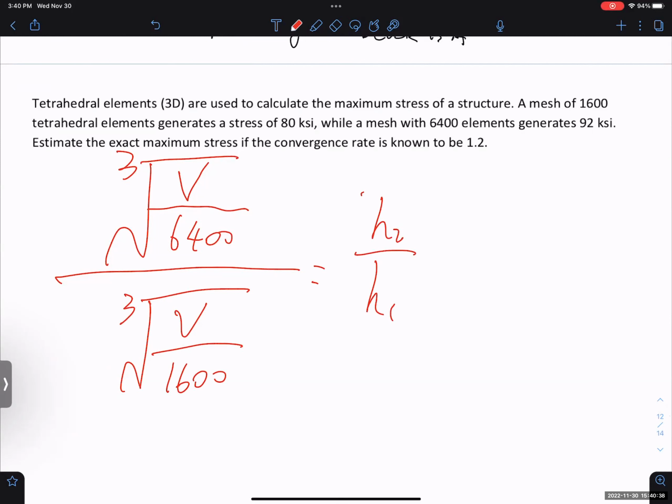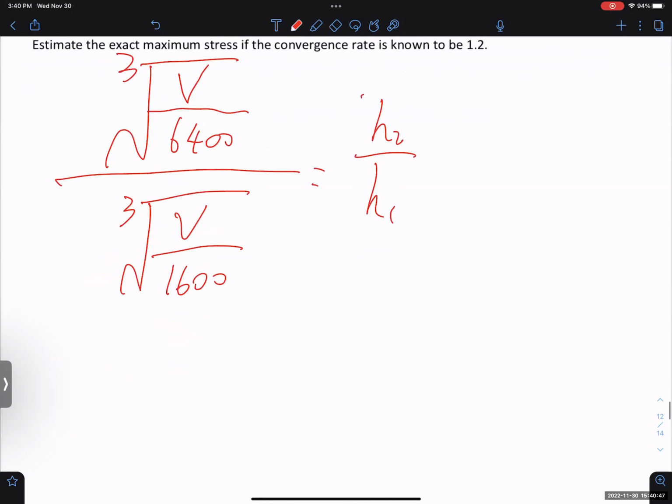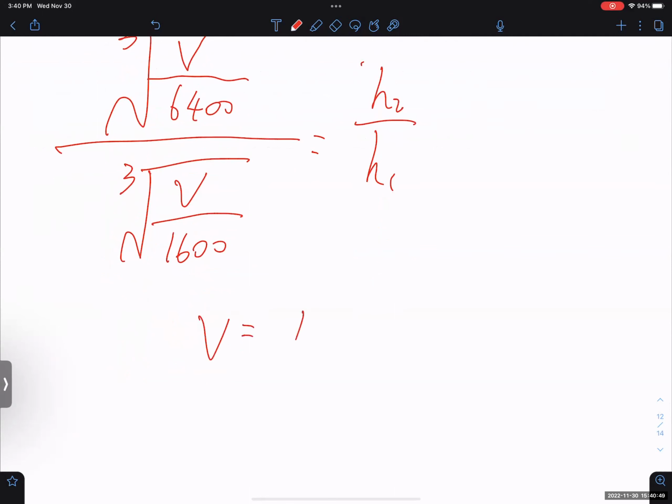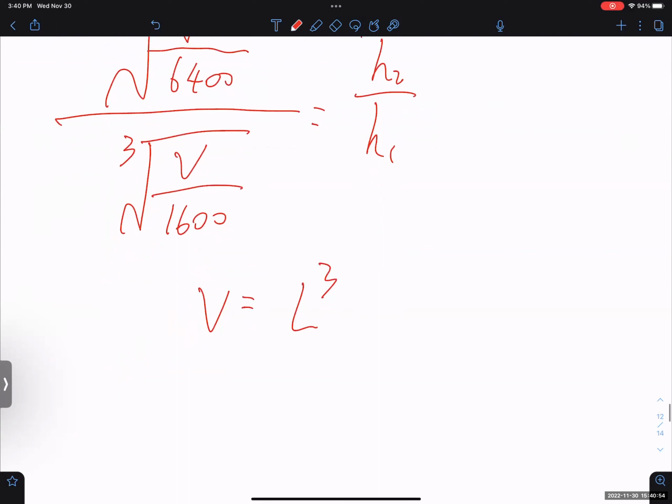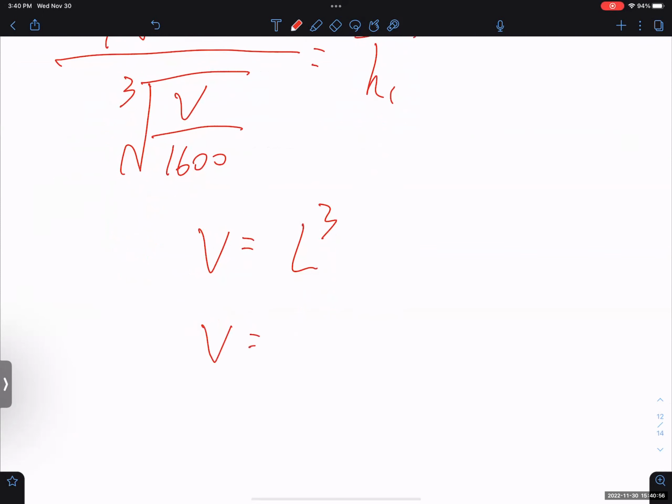Students ask me, are you assuming using a cube? Again, it doesn't matter. When I say V equals edge length cubed, this is the volume of a cube. For tetrahedral, there is a coefficient in front. You can check it later, but it really doesn't matter, because in the end we want the ratio of the edge length.